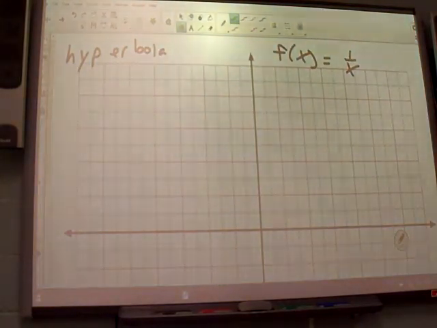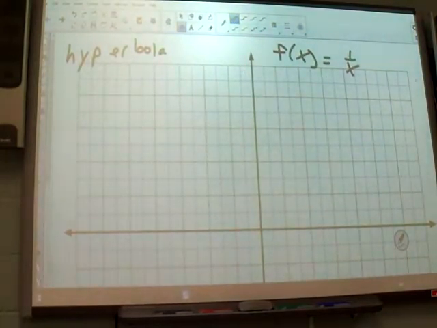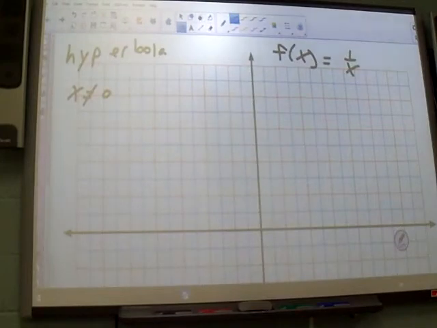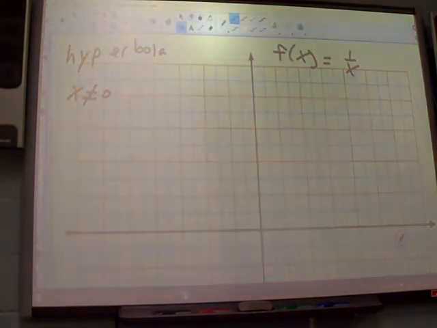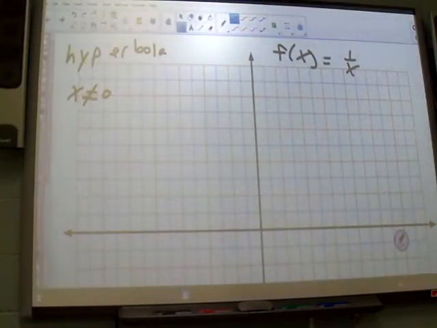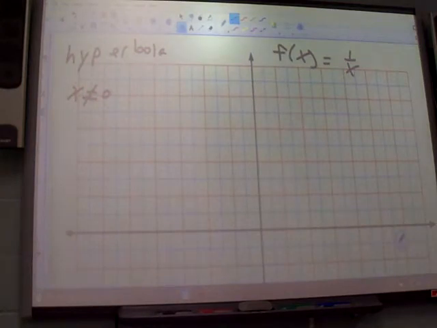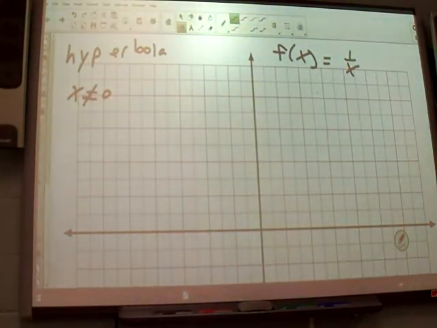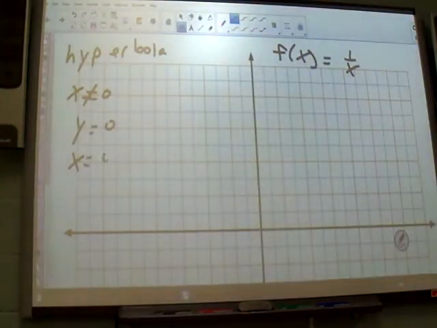Very good. Alright, so what we know on this parent function is that x cannot be 0, right? Because if you did 1 divided by 0, you get an error. You can't do that. So in this simple case, when all you have on the bottom is an x, your asymptotes are the axes.